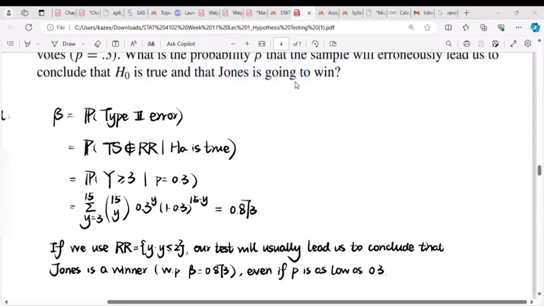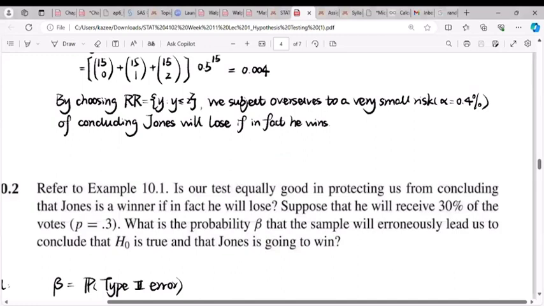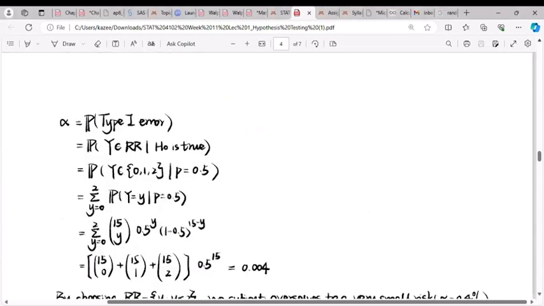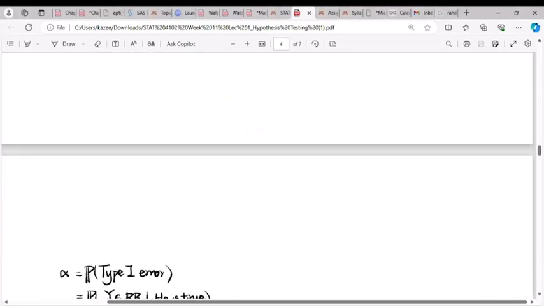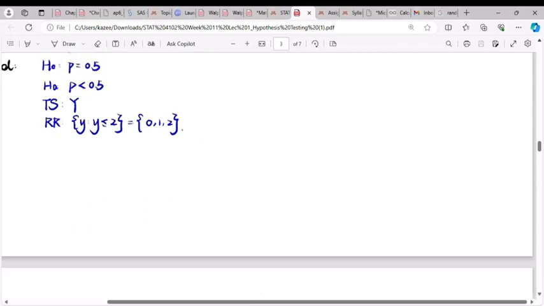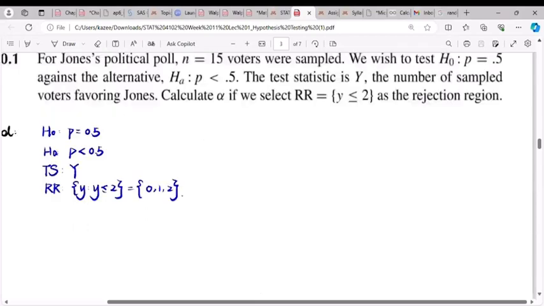Which means you're now going to go back and go against the rejection region. What was the rejection region given initially? It is this one. What is the opposite of that? If Y is less than or equal to 2, the complement of that is going to be 3 or more.